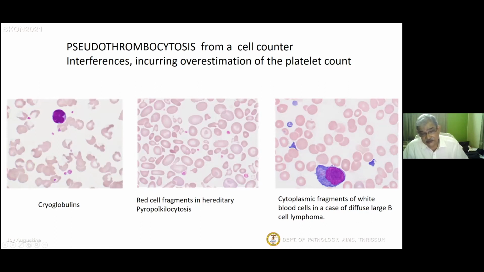This is because the cytoplasm of the lymphoma cells is very fragile and they will break up quite easily, and they will be seen as globules like this. It's very difficult to pick it up in the smear or in the cell counter. However, with some degree of experience, you can match the color of the cytoplasm of the circulating abnormal cells with the platelets, and that might be a clue.